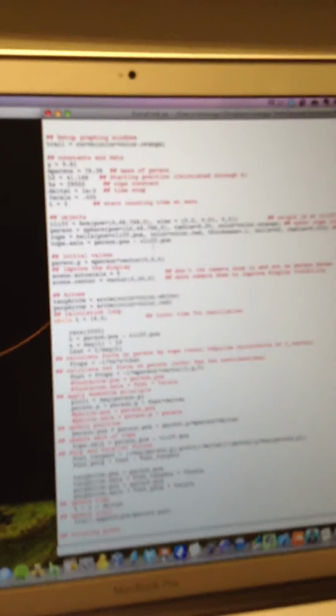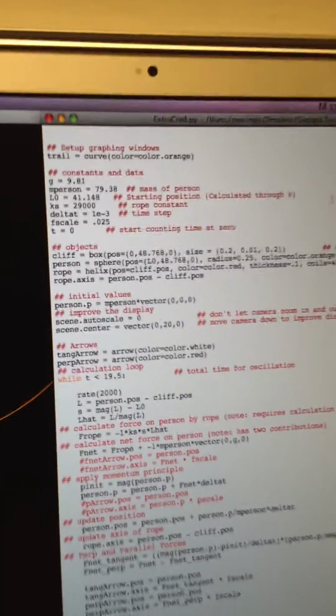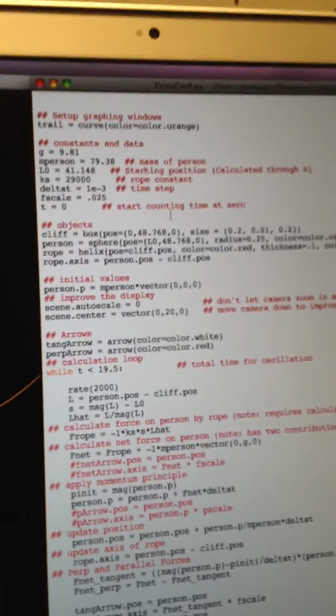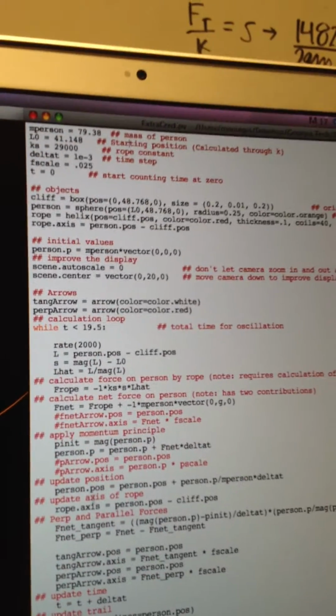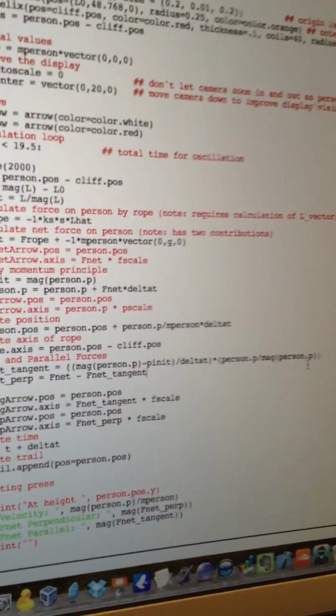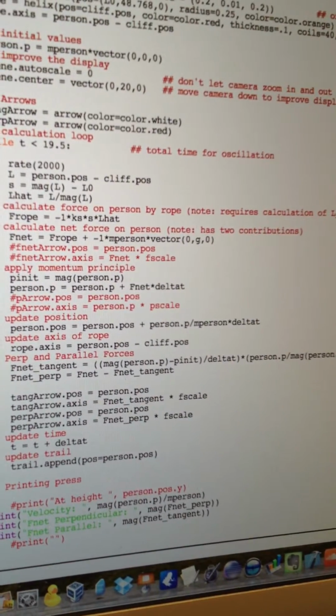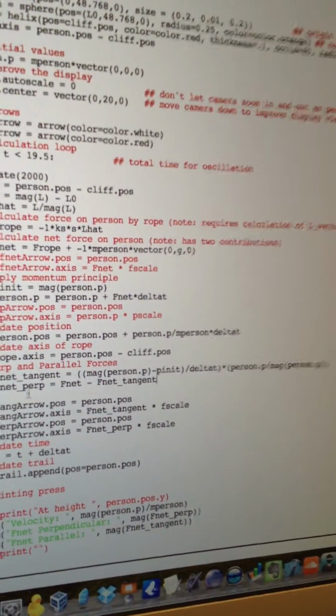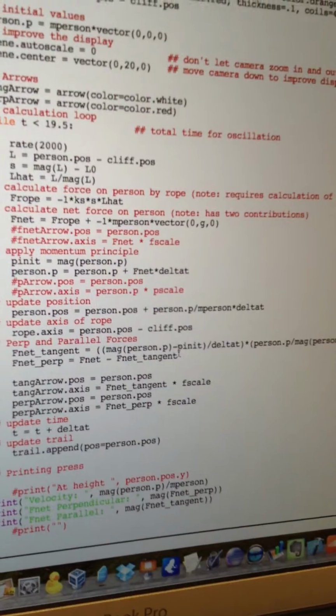I put my weight in, and then the 8 different h's, like 41.148, which is the starting position, calculated through the relaxed length of the rope. Then we calculated F_net tangent, which is basically change in momentum over delta t times the unit vector for momentum, and then F_net perp is just total net force minus F tangent.